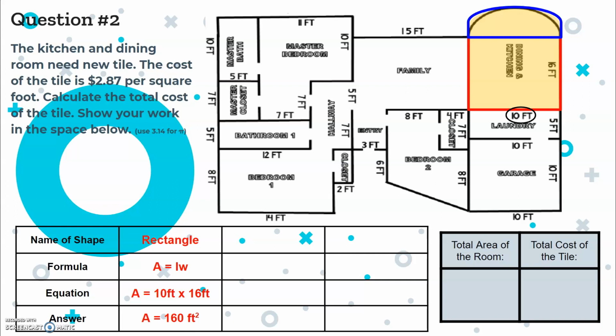So we use that 10 feet that you see circled right there. I know that that bottom length is the same as the top length because that's the characteristic of a rectangle. The opposing sides are the same length. So what I can do is take my 10 feet and bring it up here to the bottom of my semicircle, which makes the diameter of my semicircle 10 feet.